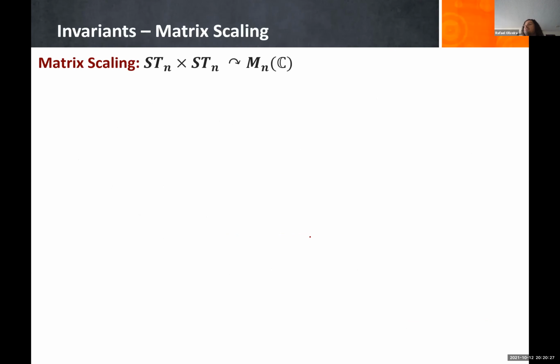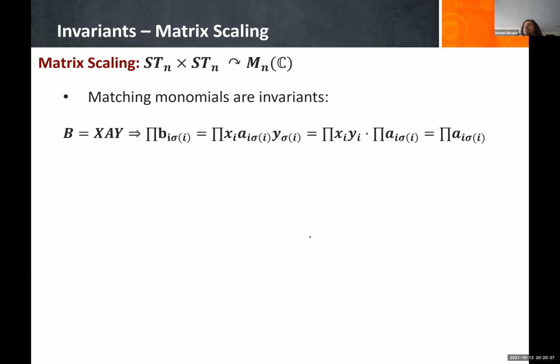So what are the invariants that we could take for matrix scaling? If you remember from Ankit's lecture, we have the double torus acting on a matrix, and now the matching monomials are the invariants. So what are the invariants?